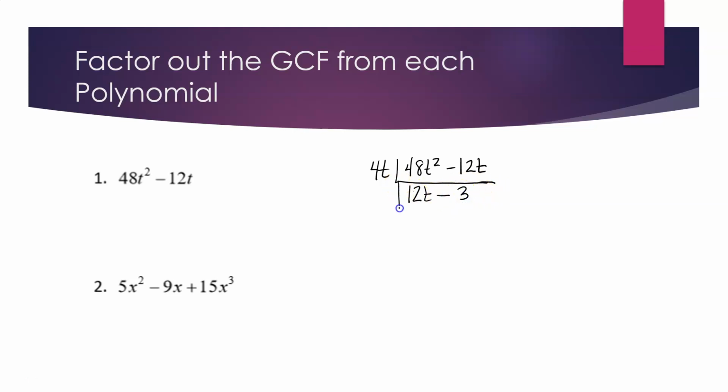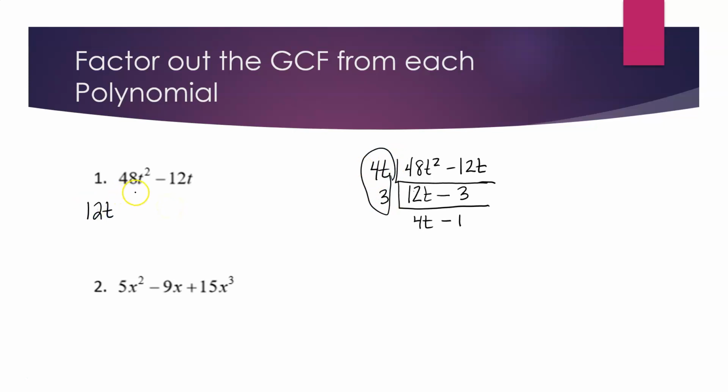There's still another factor. 3 goes into both of these. So 3 goes into 12t 4t times and into negative 3, negative 1 times. So our greatest common factor here, you multiply that, is 12t. That's on the outside.